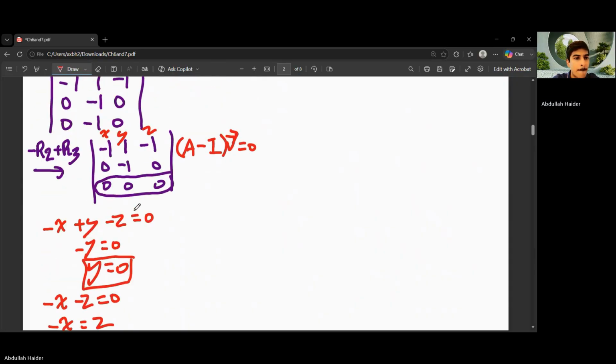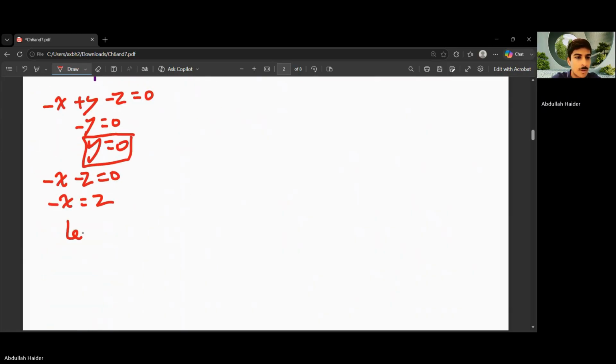Now, if you do the proper way of row reduction, you'll get a 1 here, you get a 1 here, but this will always remain a free variable. So what you can say is let z equal s, and now your second eigenvector is going to be x, y, z.